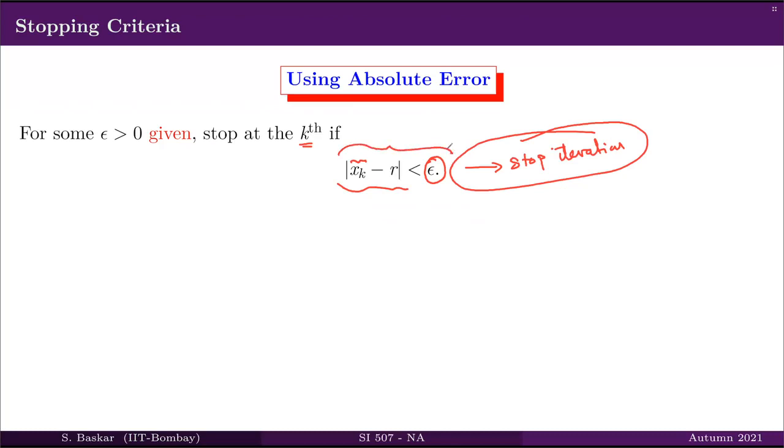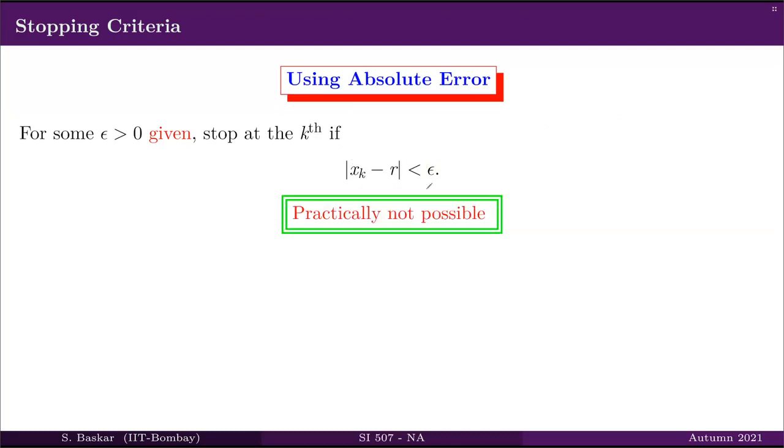But unfortunately, it is practically not possible, because primarily we do not know the value of r. That is why we are going for any approximation method, right? If we know r already, then why are we going to an approximation method to compute this x_k? We don't need to do that, right? Therefore, this idea, although it is the most convincing and natural way of stopping our iteration, is practically impossible to use. Then can we have other ideas?